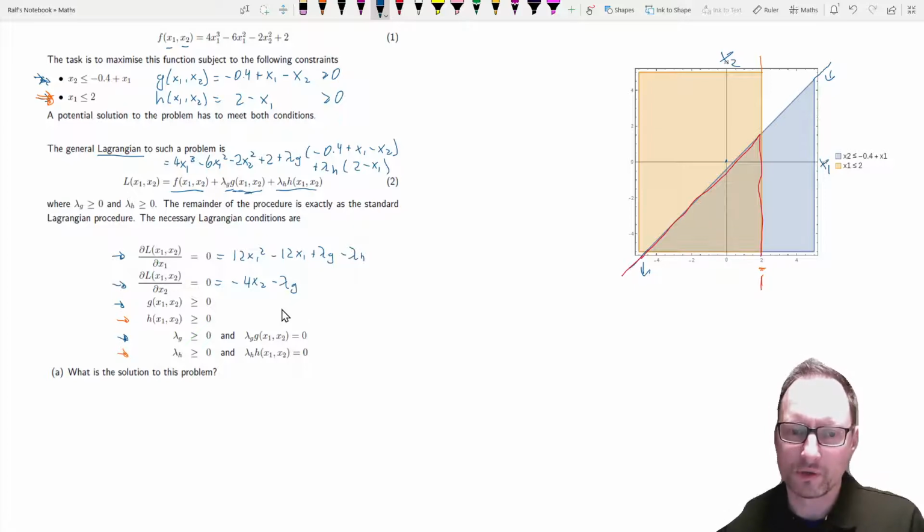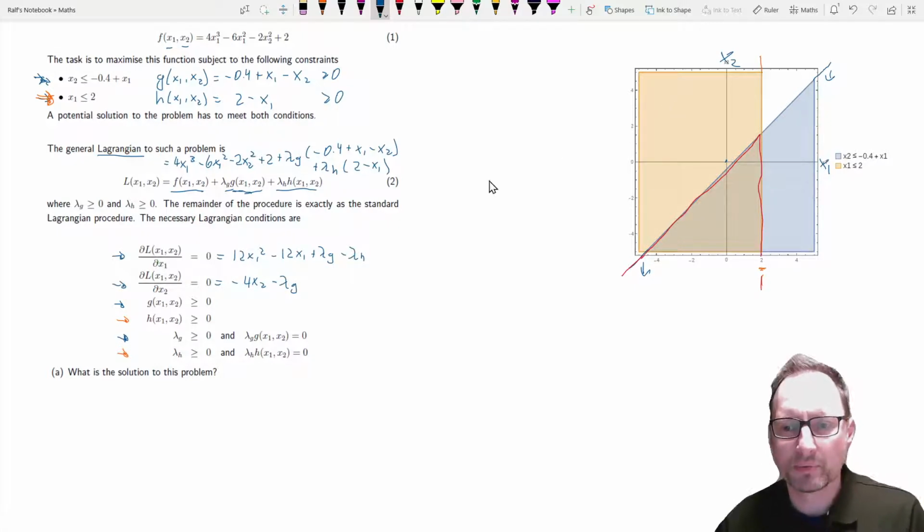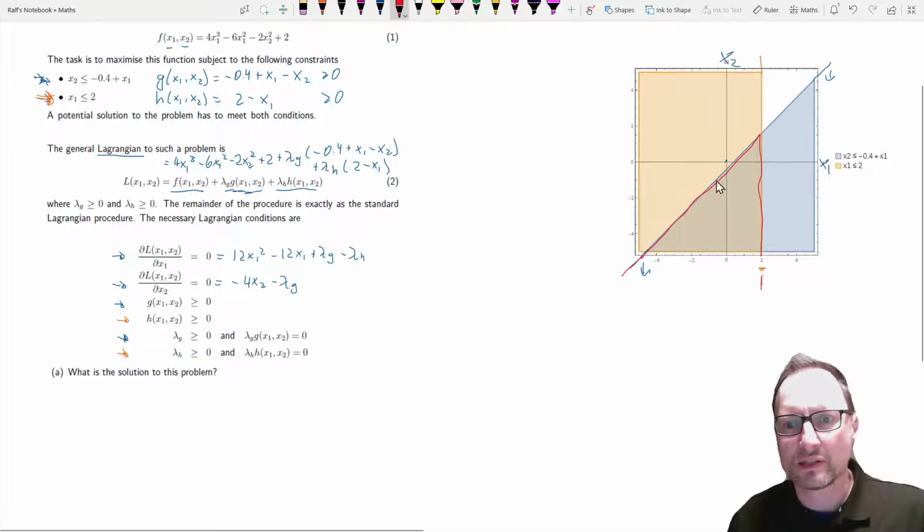When we try and find the points which meet these conditions, we sort of separate our allowed area into certain areas. It's usually the unconstrained bit and then on the constraint. But now we have two constraints, so we have to think about this. So firstly, we will look at the unconstrained area.